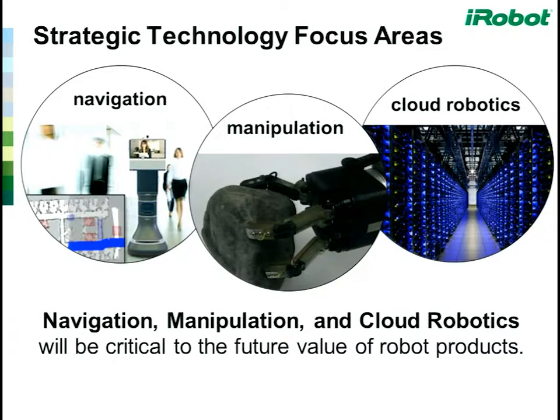We have an active amount of work there. In cloud robotics, of course, once the robots are more and more connected, how do we leverage the broader ecosystem of computation, of data, of third-party services, et cetera, to enable value in future robot products. So these are very important to us, in areas that we're actively working on.